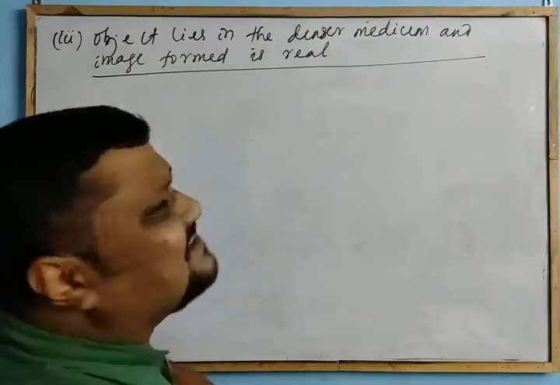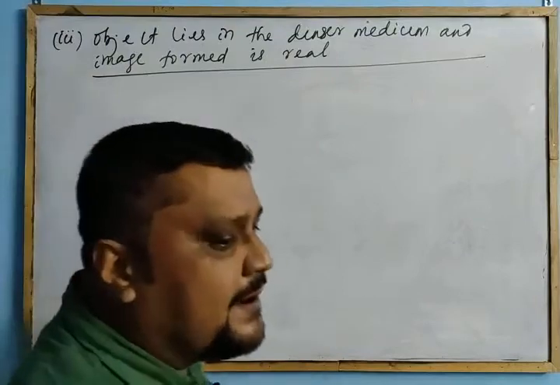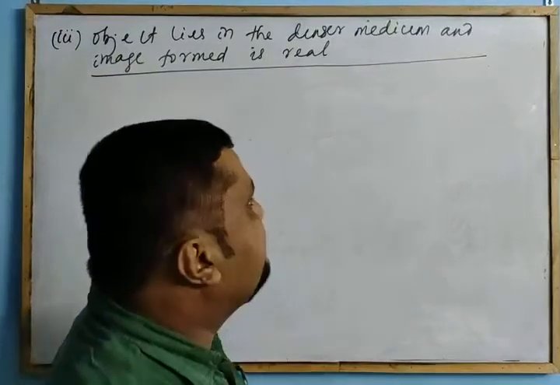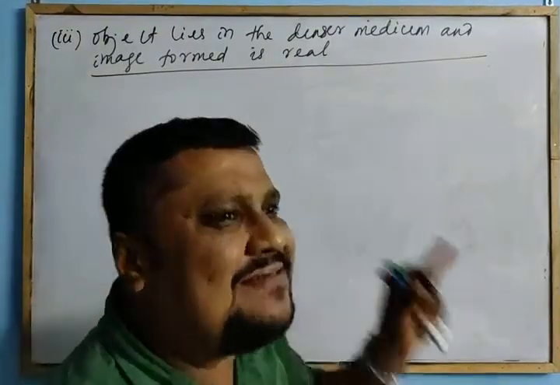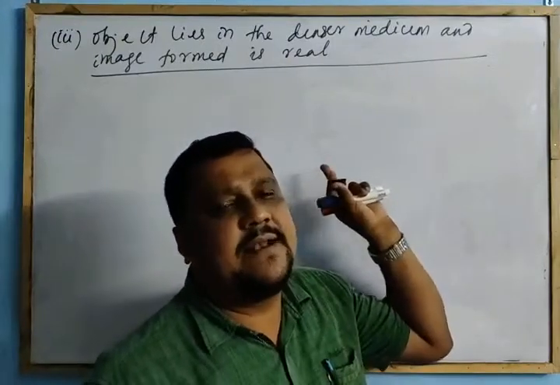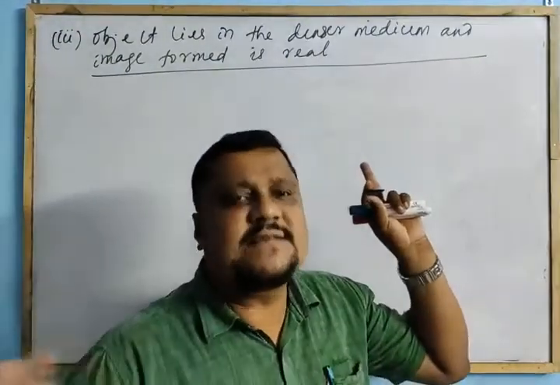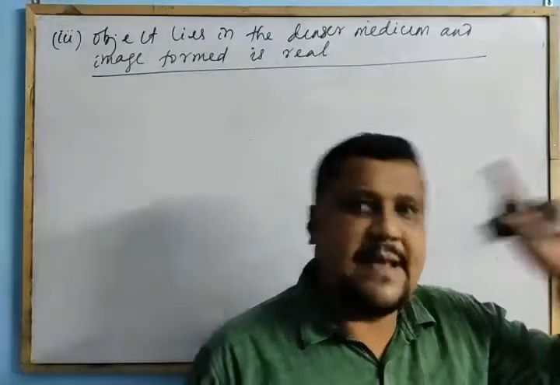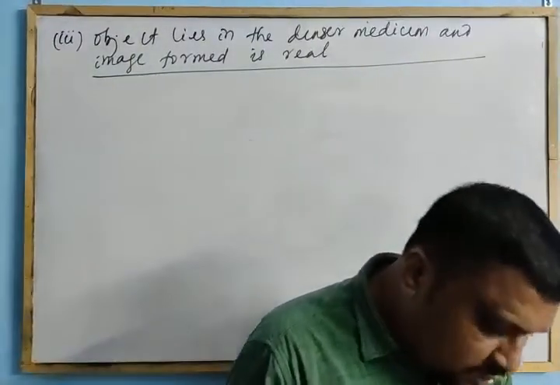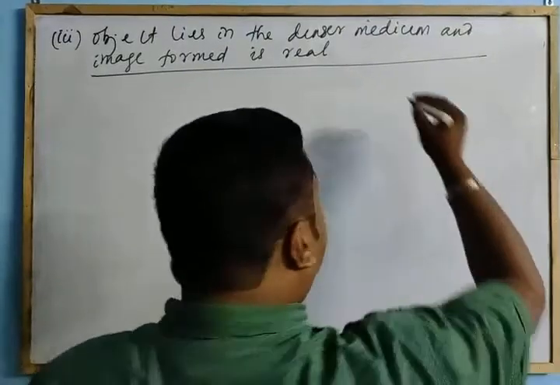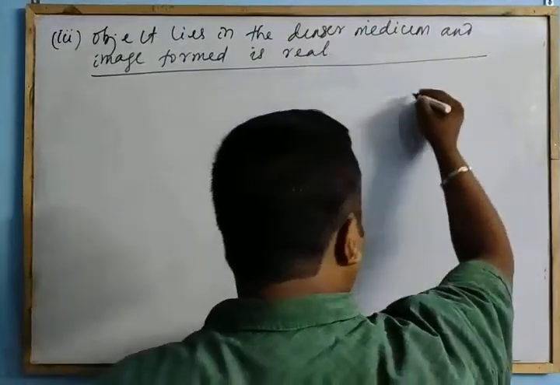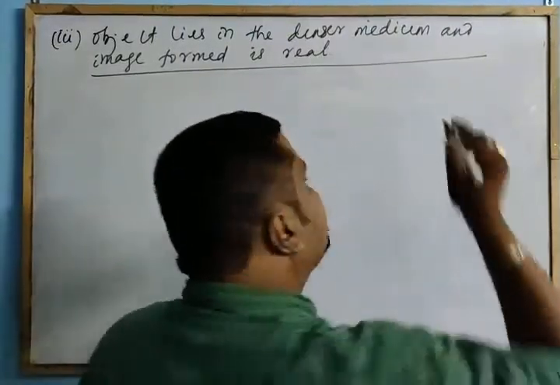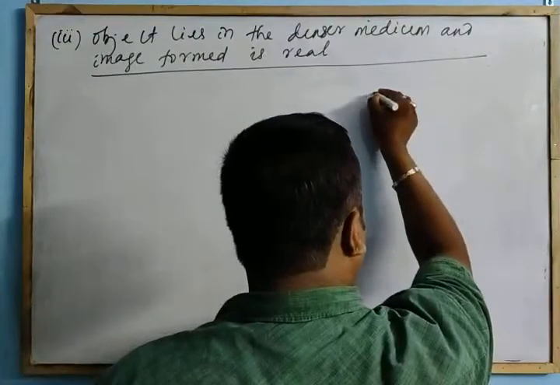Object lies in the denser medium, and remember here I will make a twist: I will place the object on the left side. It is easier for me to use the sign convention, meaning the rays should travel from left to right. I will make it like that. Next, it is a convex surface, refraction through a convex surface. We are discussing a convex surface. So let me show it like this.